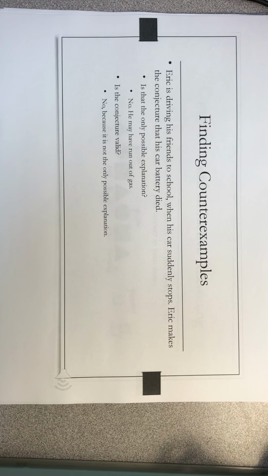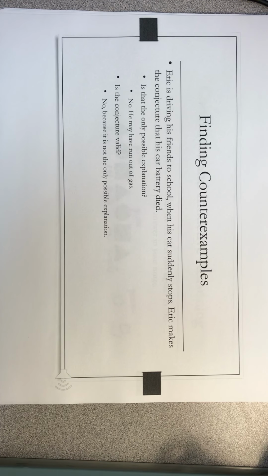Well, is that the only possible explanation? No, right? He could have run out of gas, or a whole lot of things could have happened. So is the conjecture valid? It is not. It is not valid because it's not the only possible explanation. And in geometry, when we make a statement, it needs to be true all the time, or as far as geometry is concerned, it's not true.